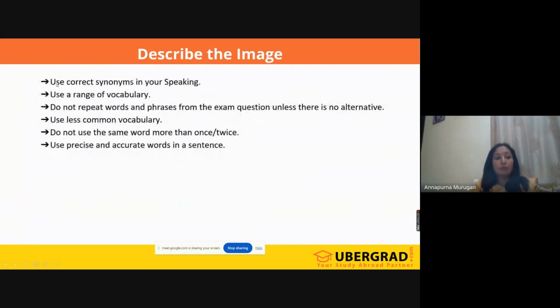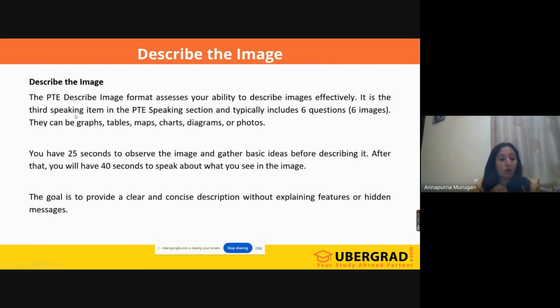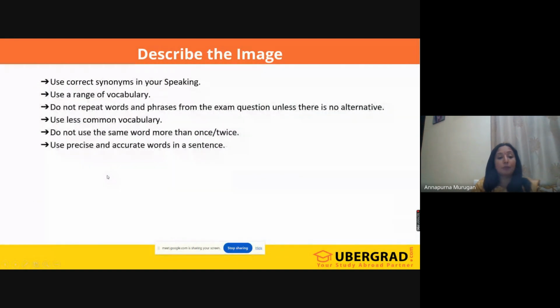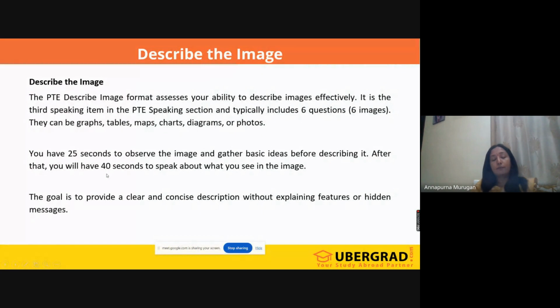Another challenging thing is that you need to finish the description within 40 seconds. For almost every question you have this 40-second response only. So within 40 seconds, you need to describe the complete image.